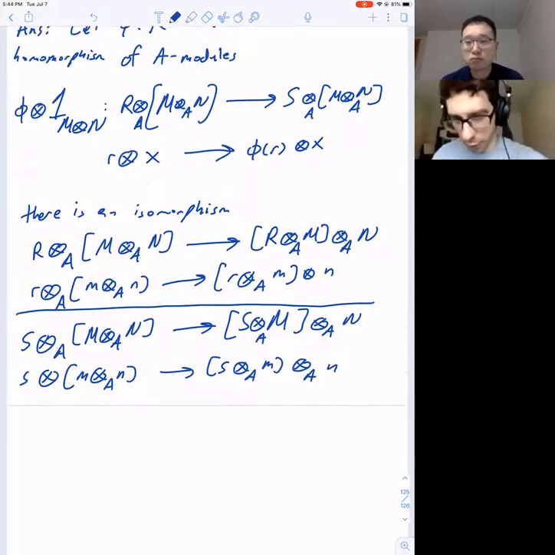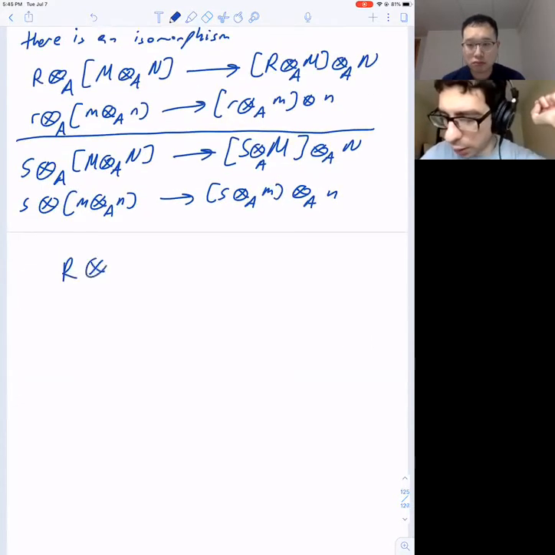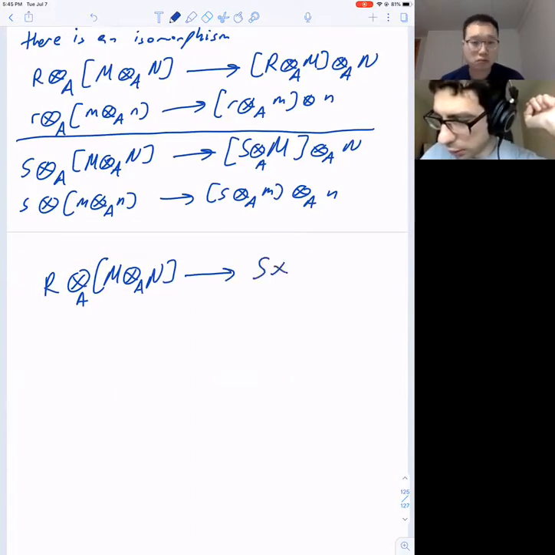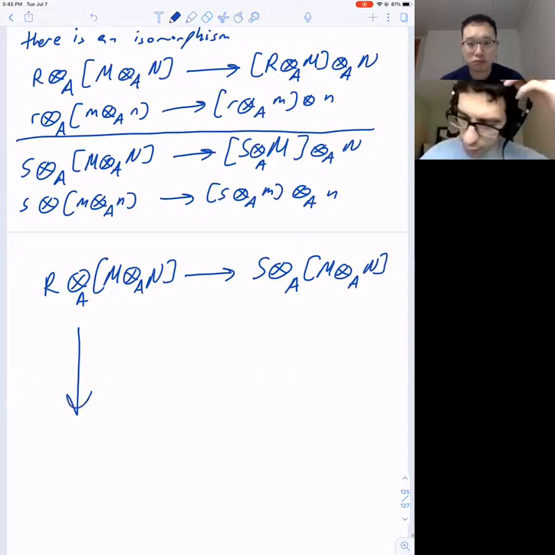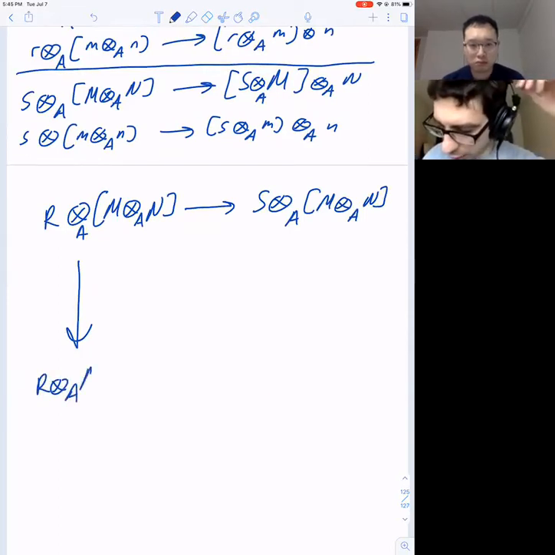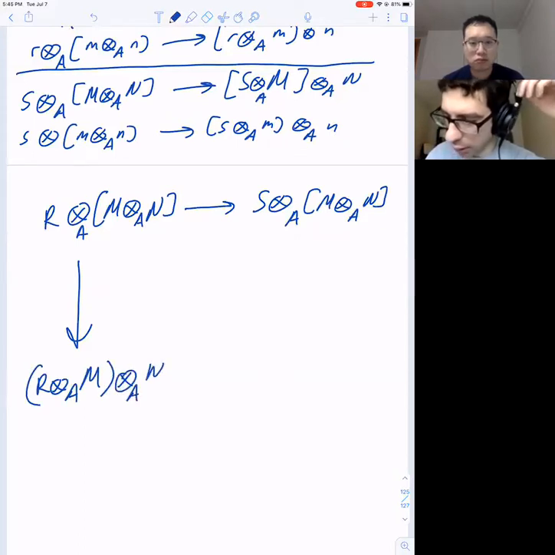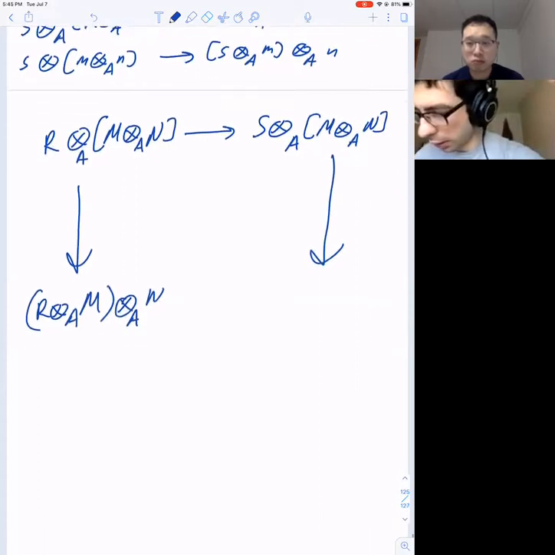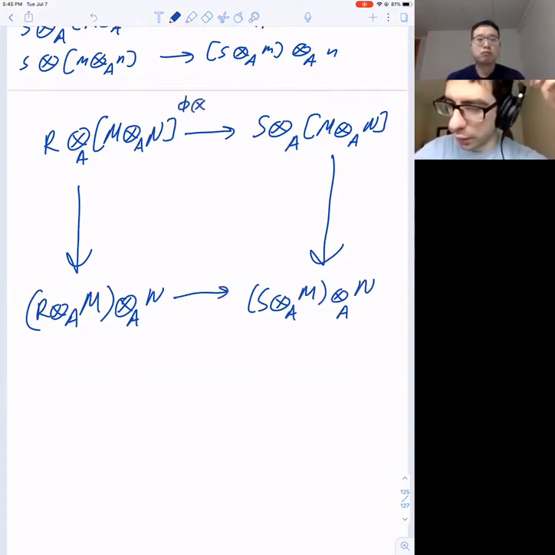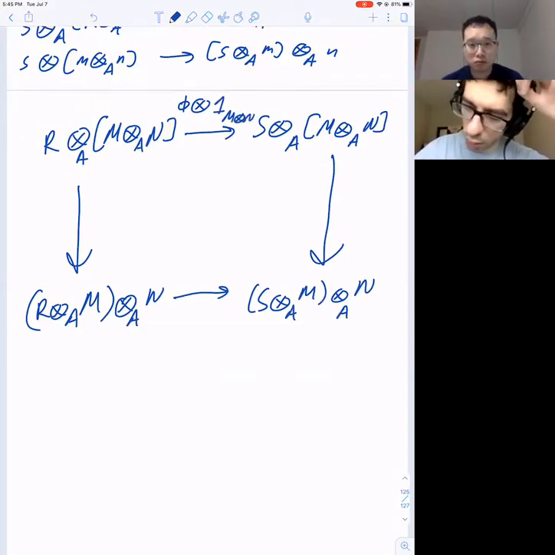Okay, so let's start completely over. We have a map, remember, like this here, with this injection, I'm sorry, with this isomorphism, R tensor A M tensor A N, and we also have this here, S tensor A M tensor N. So here is phi tensor 1 MN.